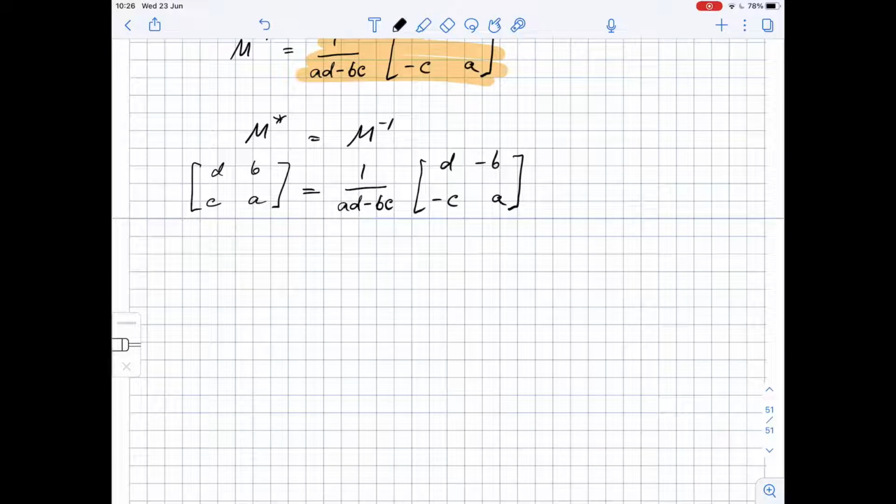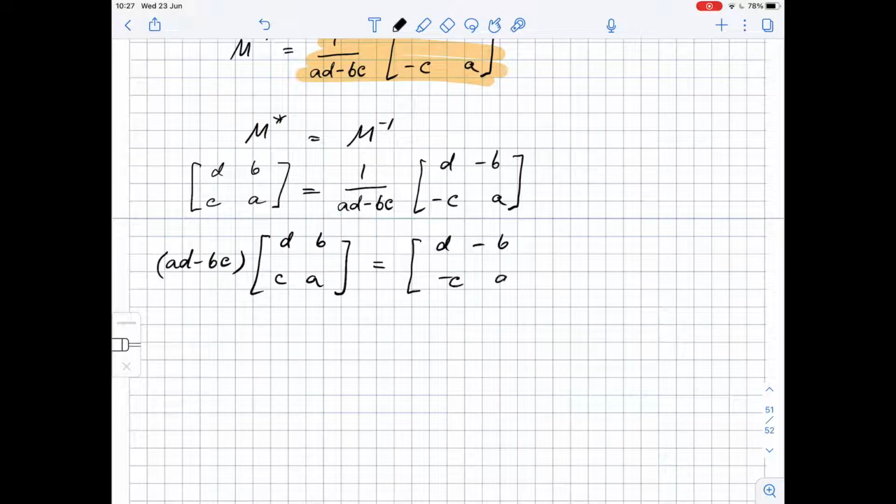Now let's multiply both sides of our equation by AD minus BC. So here we will get AD minus BC times the [D B; C A] matrix. Here we will get 1 over AD minus BC times AD minus BC, just 1. So here we just have [D -B; -C A]. Now let's do scalar multiplication on the left side.